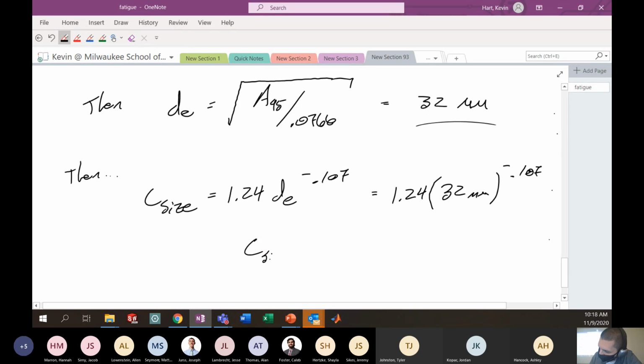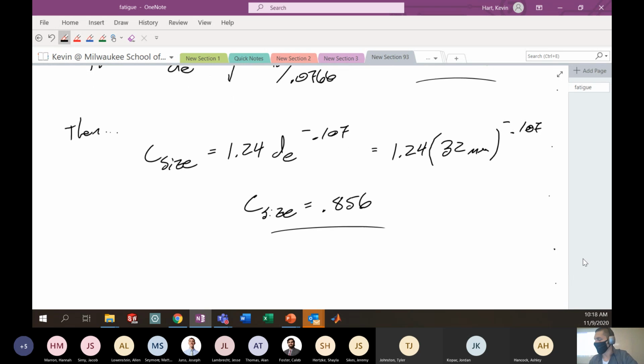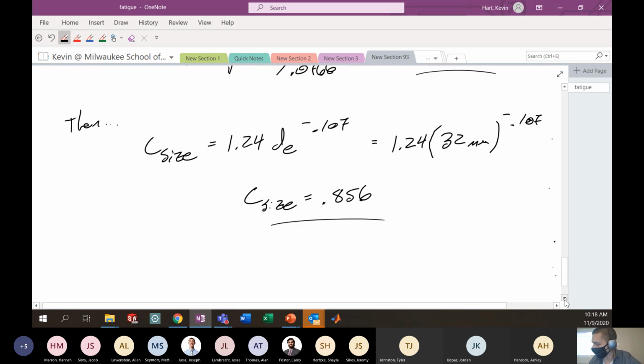So our size modification in this particular situation is going to be 0.856. Because of the difference in size of this piece compared to that typically used in the RR Moore high-speed test, which I think is 1 inch in diameter, we have to modify the pristine endurance limit by 85.6%.